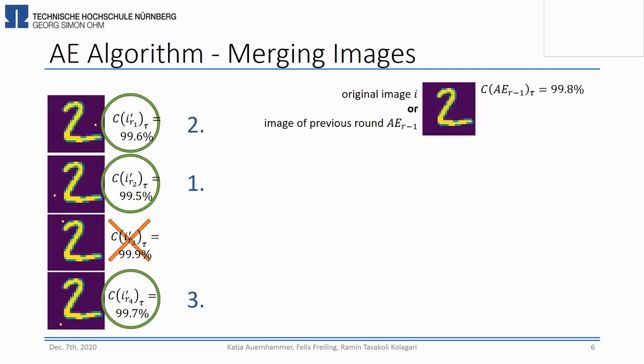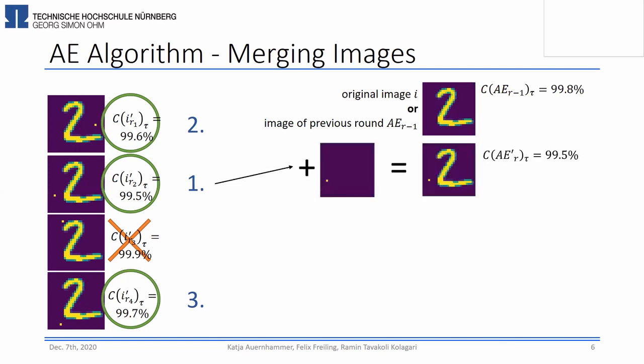So here we have our original image, which could also be the temporary adversary example that resulted from the previous round. And it has a probability of 99.8% for the true class. We merge the first perturbation to it, which is the same as the candidate right now.